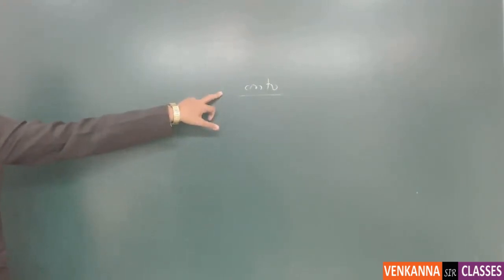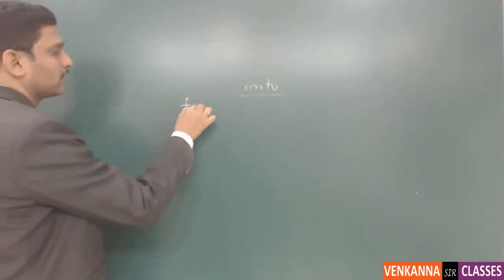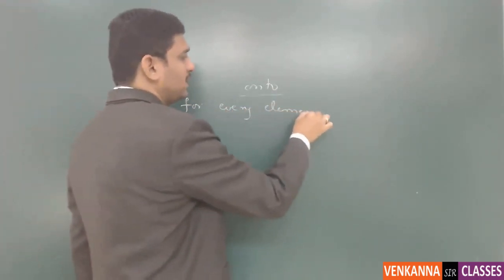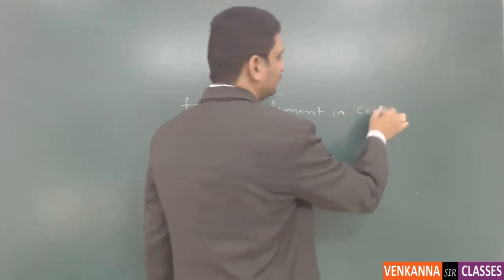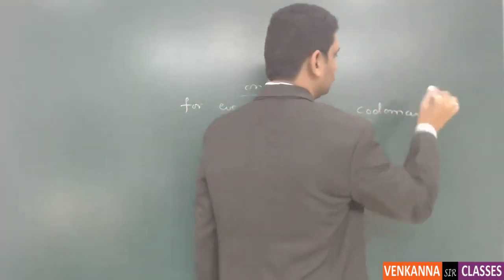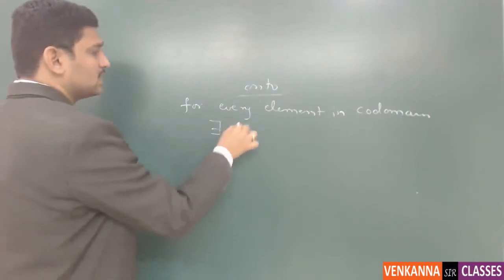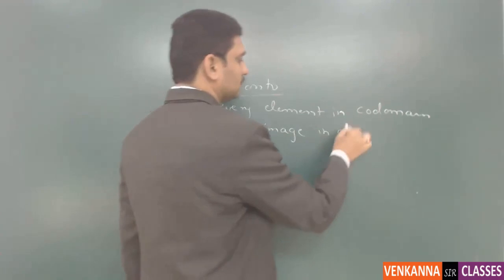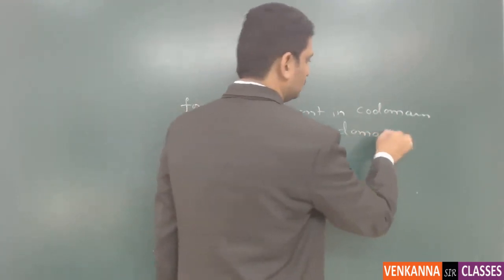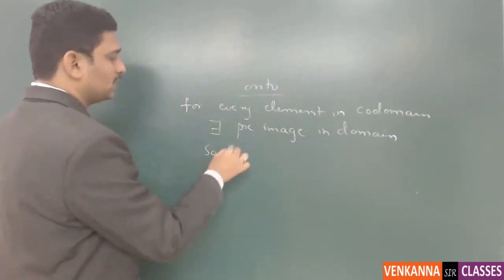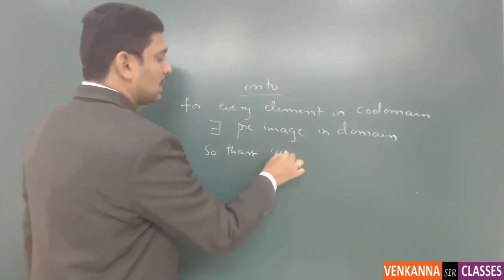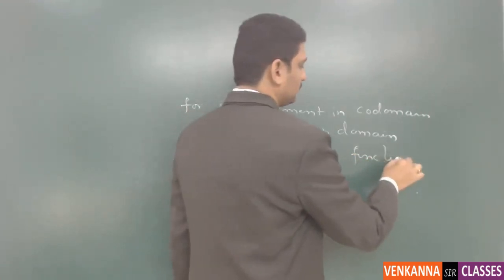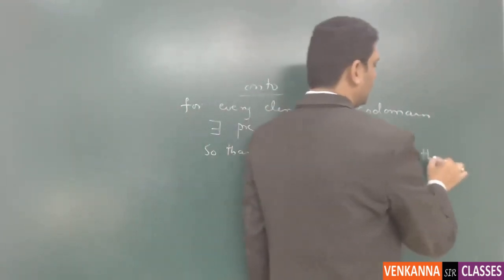The definition of onto, if you consider, for every element in the codomain, there exists a pre-image in the domain, so that under the function they are paired.